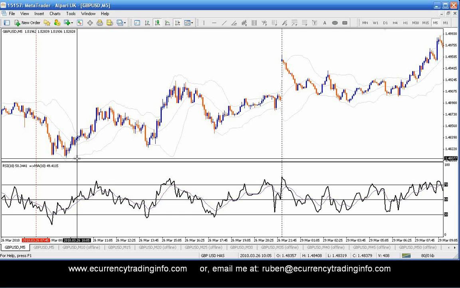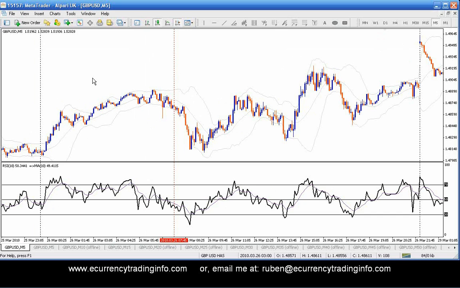Why is that important? This is important for my take profit, and this is also important if I'm going to take a trade. Let me explain what I mean.